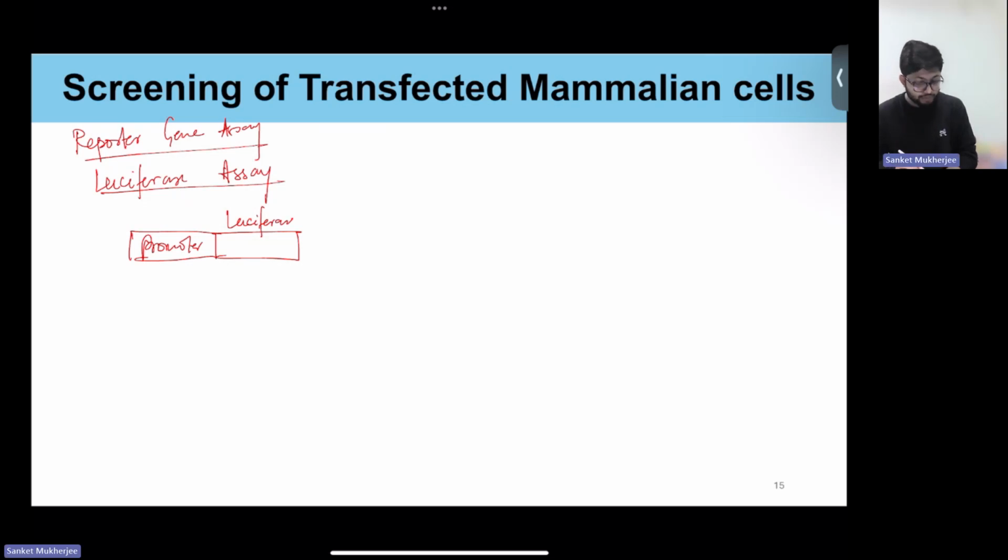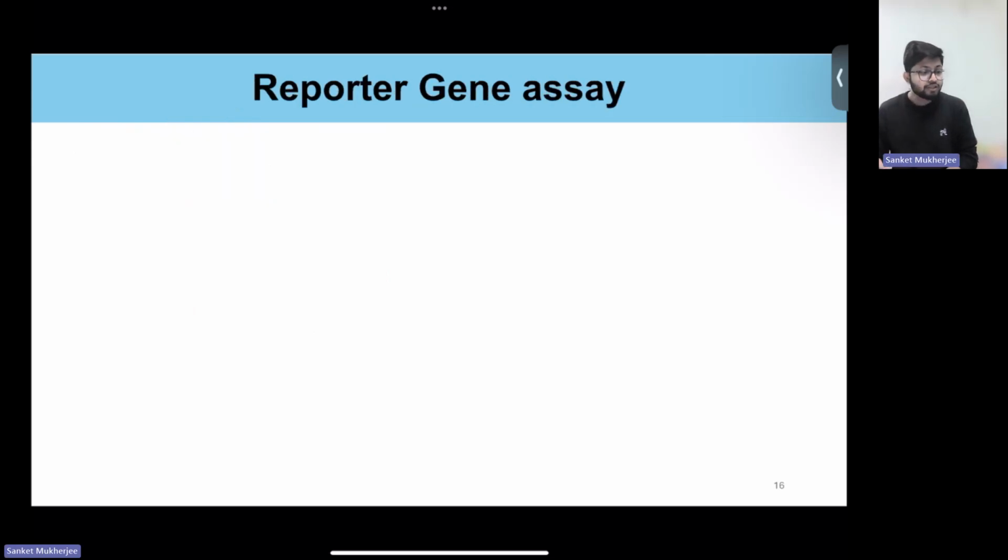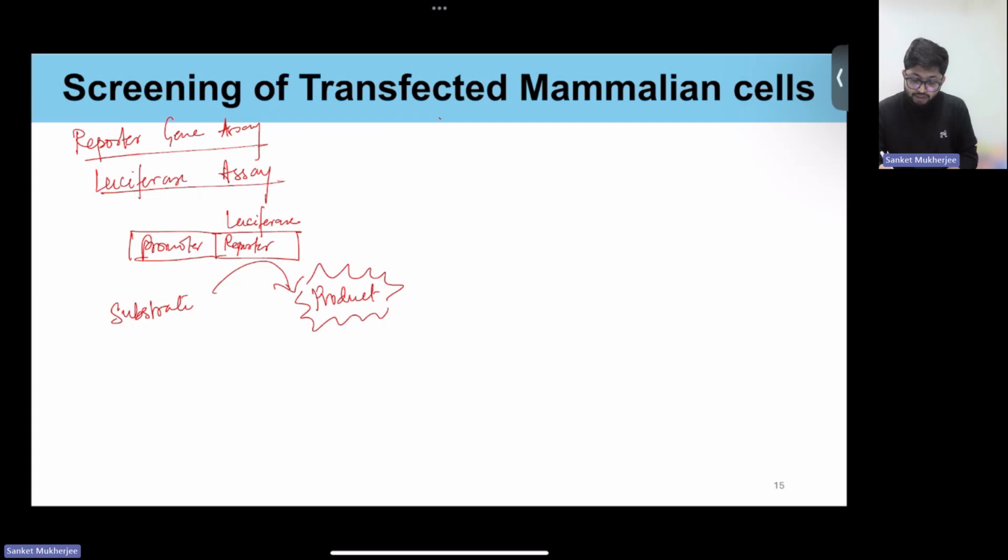There's a substrate, and this reporter gene will have an enzyme. It will convert this substrate into a product, and this product will either emit light or luminescence or anything. So that can be helpful here. There are certain genes which are popular, and their product we will see, and the reaction also.